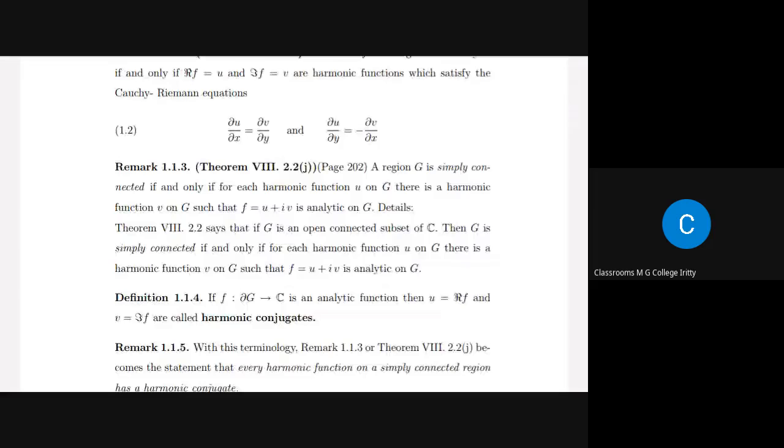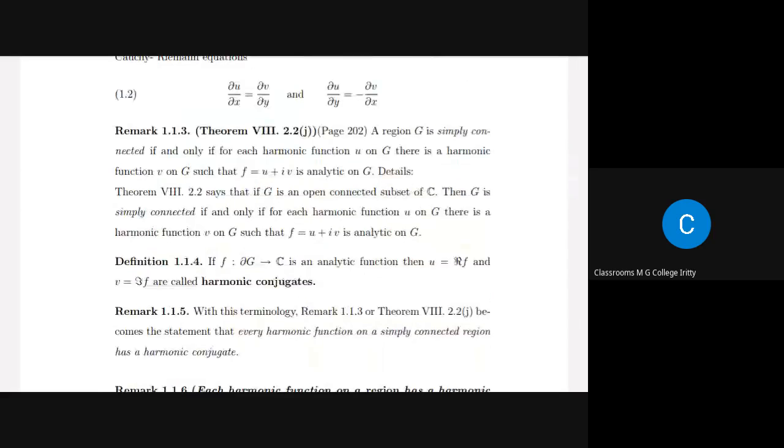So this remark is by using a theorem which says that if G is an open connected subset of C, then G is simply connected if and only if for each harmonic function u on G, there is a harmonic function v on G such that f = u + iv is analytic on G.